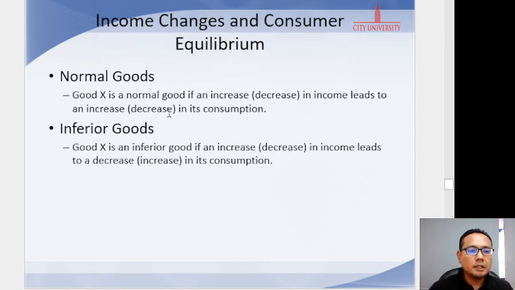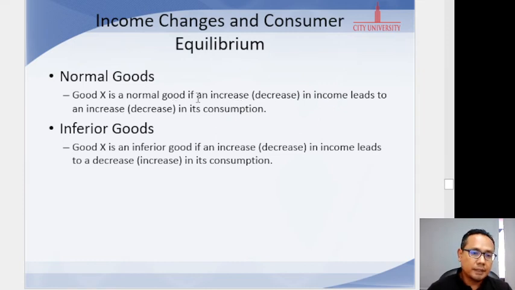For normal goods, good X is a normal good if an increase in income leads to an increase in its consumption. This is an example of a normal good. Income increases, for example, a normal good may be hotel or holiday package sales.